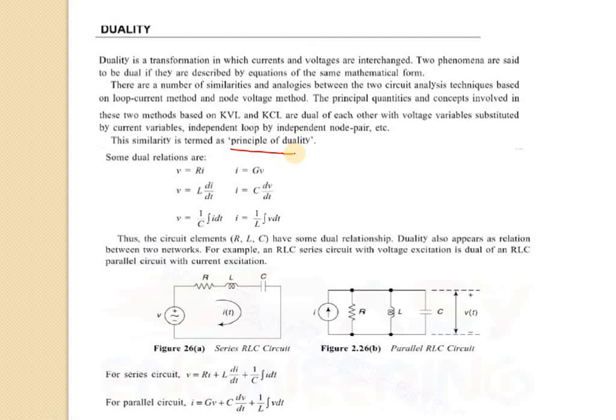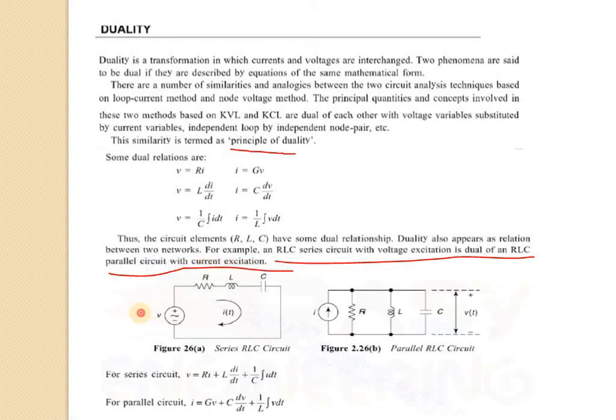Thus, the circuit elements R, L and C have dual relationships, and duality also appears as a relationship between two networks. For example, a series RLC circuit with voltage excitation is the dual of a parallel RLC circuit with current excitation.